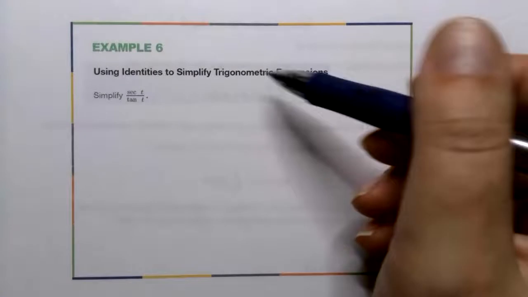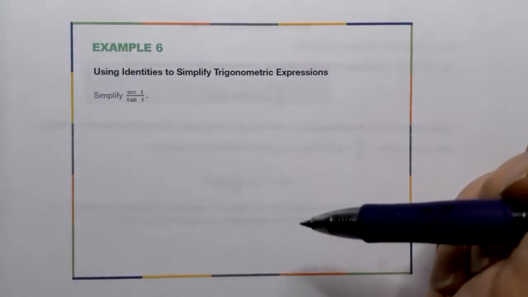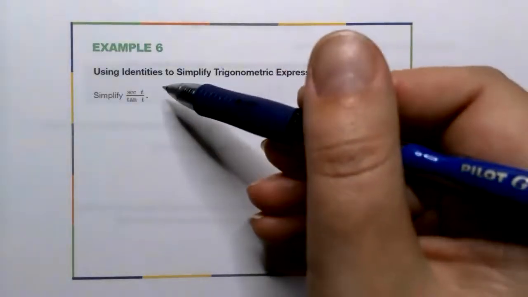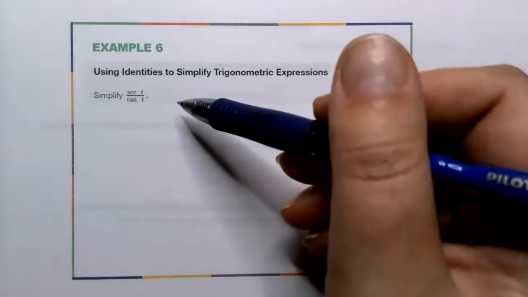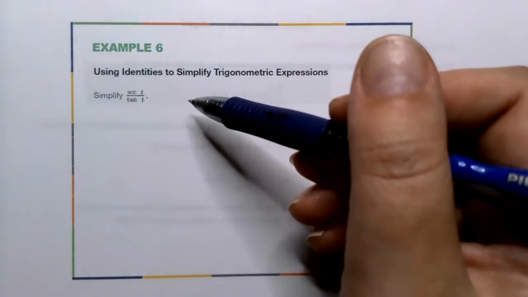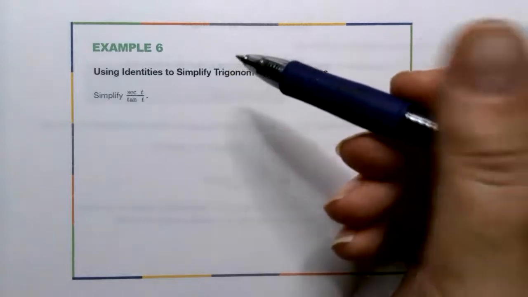But what we're going to do in this class, other than evaluating trig functions of different angles, is also use identities to simplify trigonometric expressions. And the knowledge of the definition of those trig functions and the knowledge of trig identities is going to become crucial for that skill. So don't delay in learning those identities.